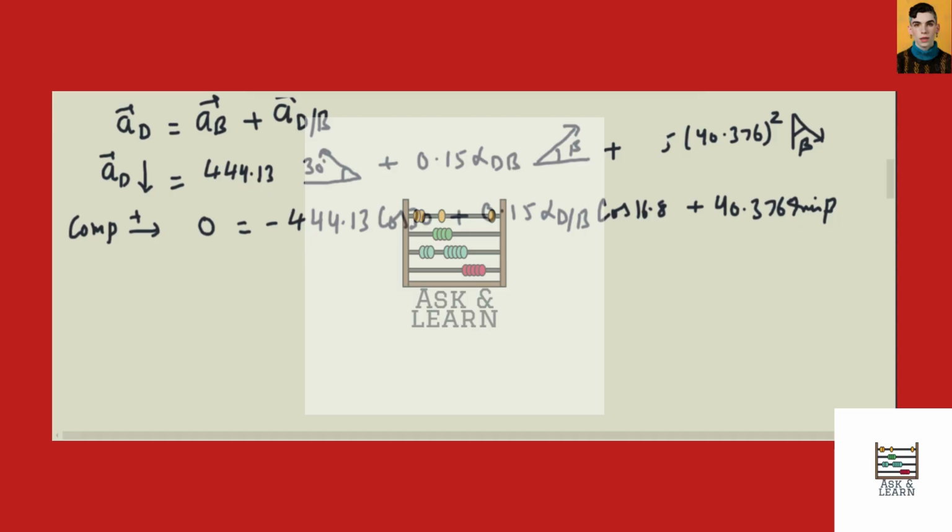Here I have to do the correction. So from here you will get alpha BD will be 2597.0 radian per second square.